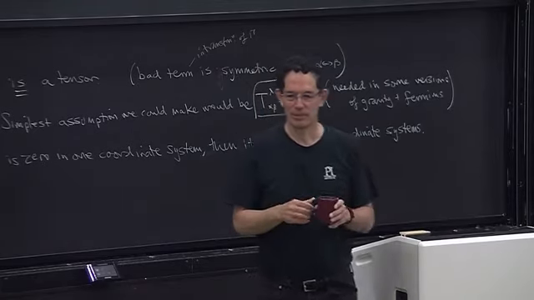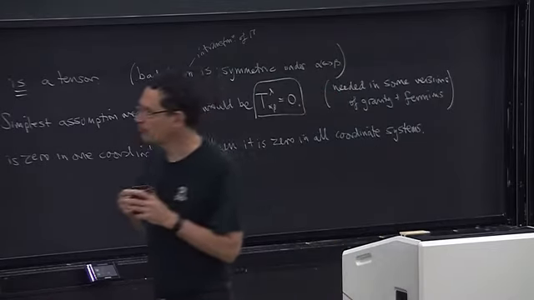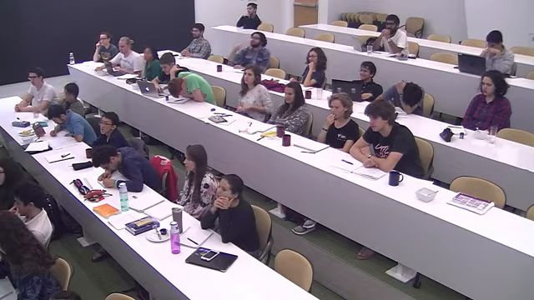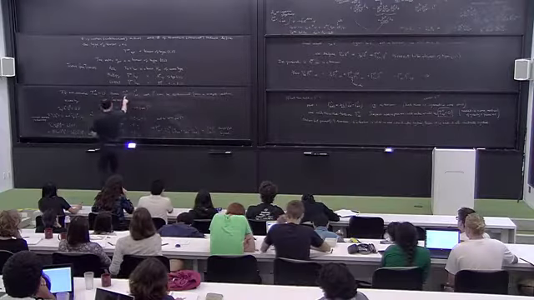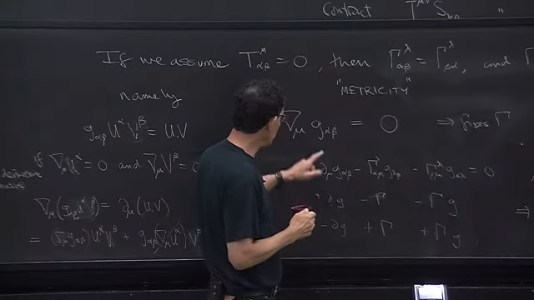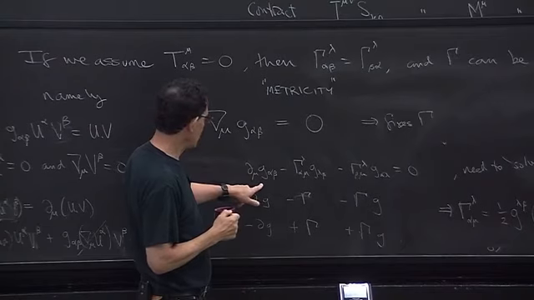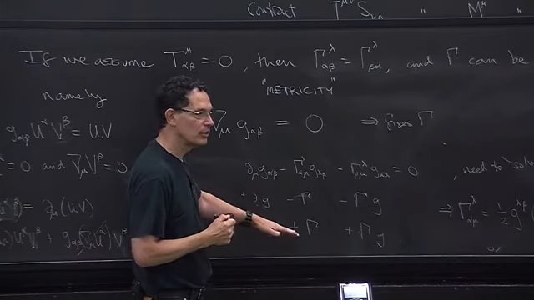Any questions? Where did you use the fact that the torsion is 0? To get gamma being symmetric. Okay, so in this calculation, if gamma was not symmetric, the terms wouldn't cancel.